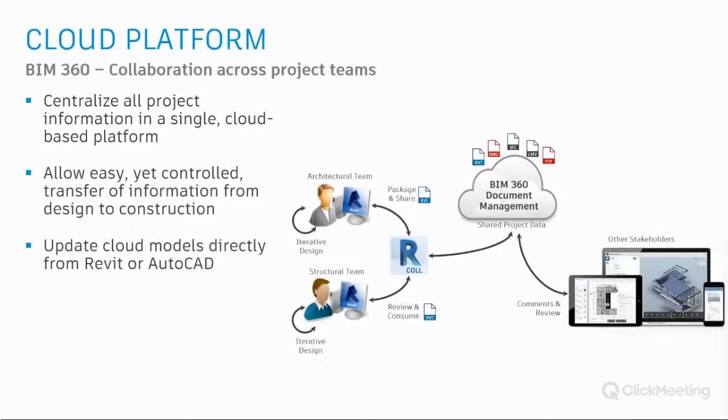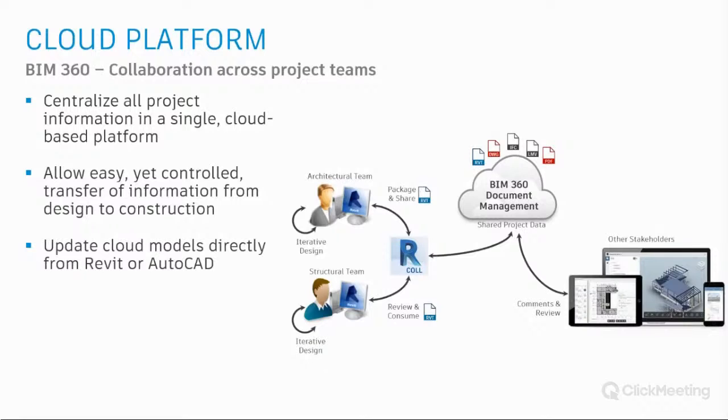With BIM 360, it allows you to centralize all your project information. It's not only limited to Revit files or AutoCAD files. It supports about 60 file formats that allow you to store all these files in the cloud, and basically you can start viewing them directly without the need of having the CAD application.